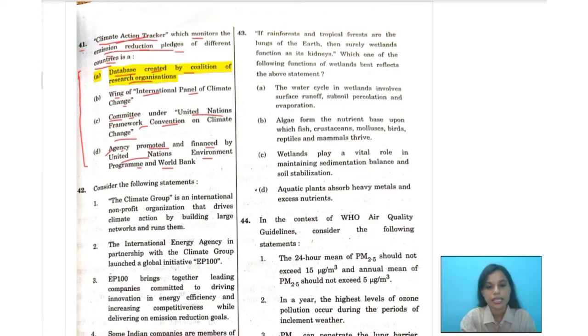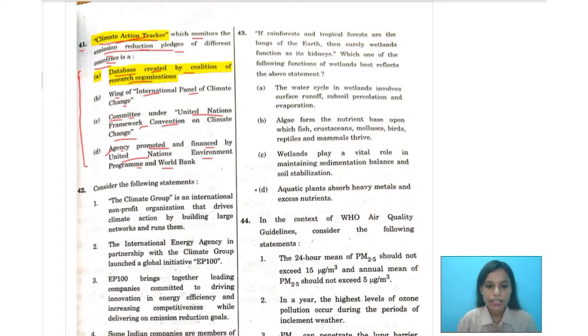Now I'm going to talk about this Climate Action Tracker in a bit more elaborate manner. Climate Action Tracker is an independent scientific analysis that tracks the government climate action, and it also measures it against the globally agreed Paris Agreement, which aims at holding warming well below 2 degrees centigrade and pursuing efforts to limit the warming to 1.5 degrees centigrade.